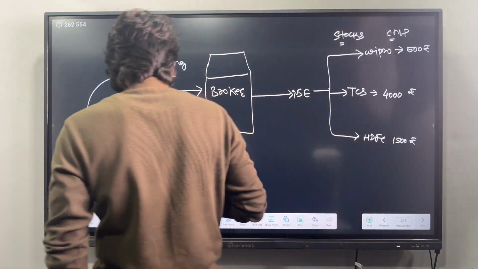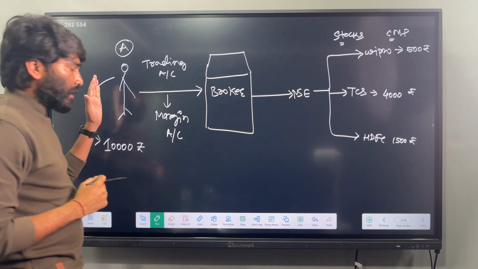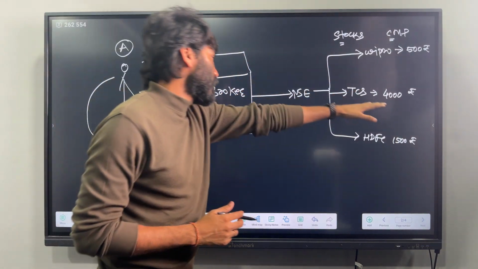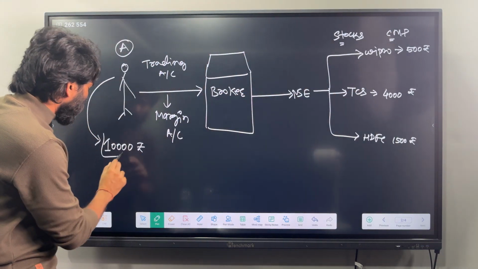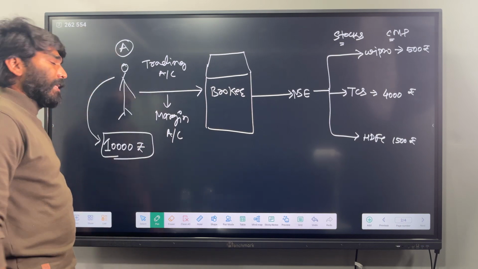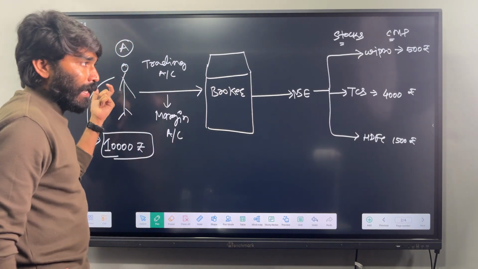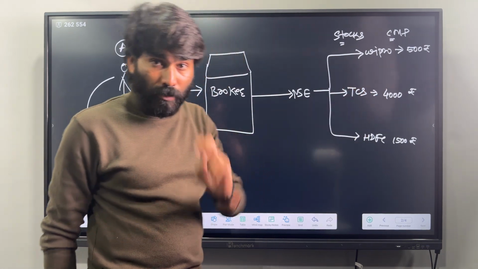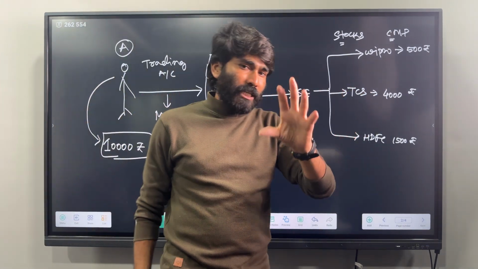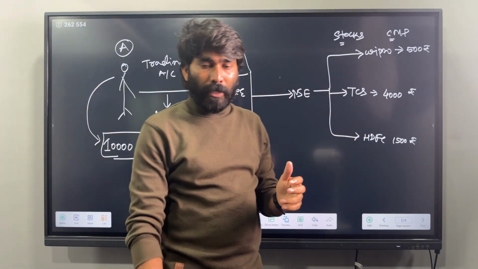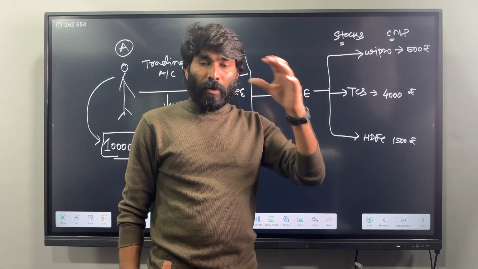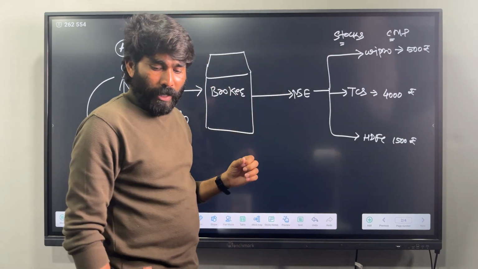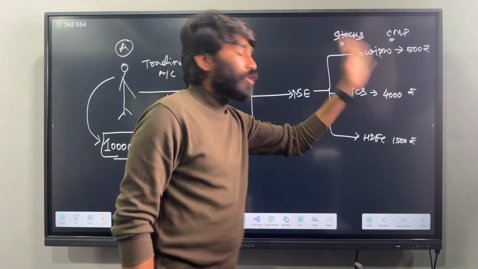Now if this person, let's say, buys TCS shares, the amount available in the account is 10,000. So this person A can buy only 2 shares, 2.5 it means, and we cannot buy shares in split. So we can buy only 2 shares.